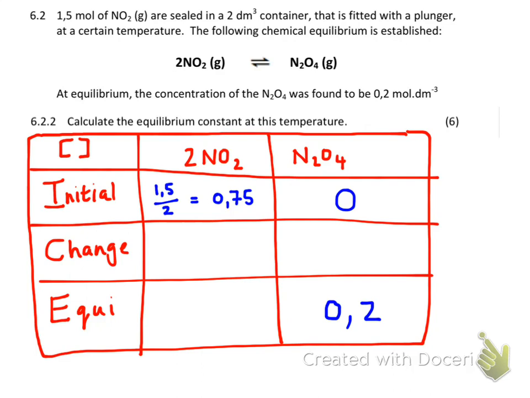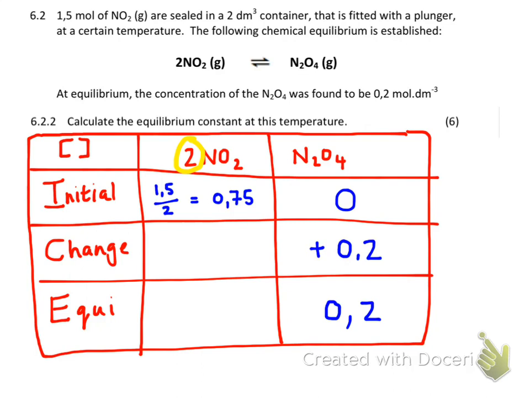We now get to work on the change row. If we start with 0 N2O4 and at equilibrium we have 0.2, then that must have gone up by 0.2. And now we're working in the change row, and the important thing is to see that the mole ratio is 2 NO2 to 1 N2O4. And so twice as much NO2 will always react compared to N2O4.